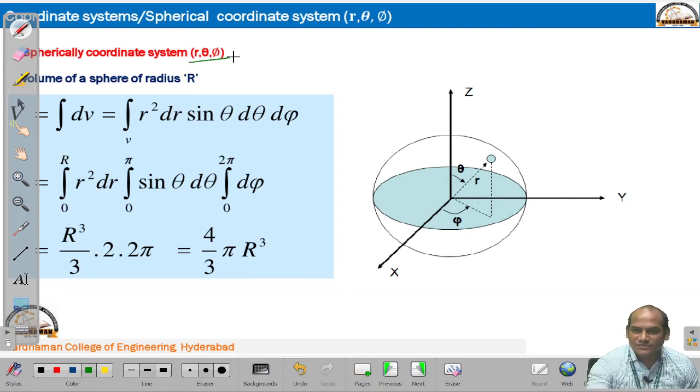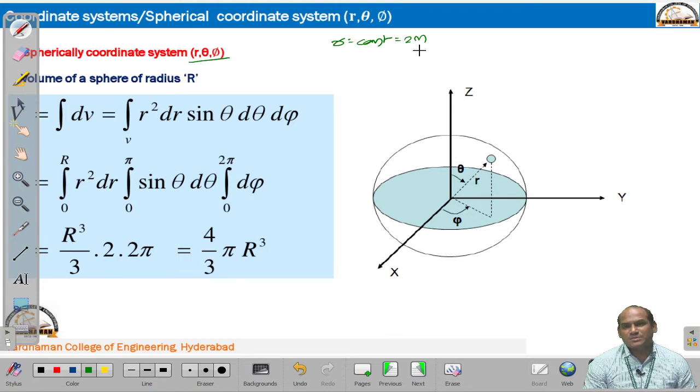r is the radius of the sphere. If I take r equal to some constant value, like r equal to 2 meters, then you can draw a sphere of radius 2 meters with the center at the origin. That means the point is not inside the sphere or outside the sphere, the point is available on the sphere.